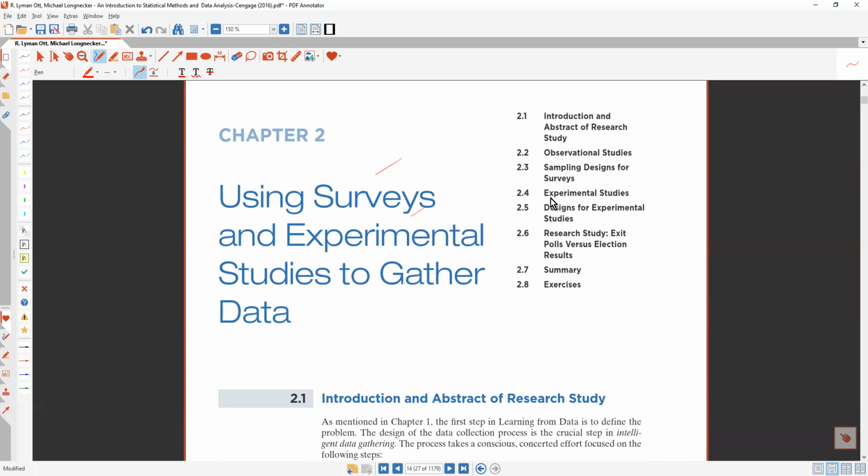We've talked about experiments a little bit already using our vaccine example, but next time we're going to distinguish between experimental studies and observational studies and surveys and things like that. And we're going to see a little bit more of where statistics can be used in that process.